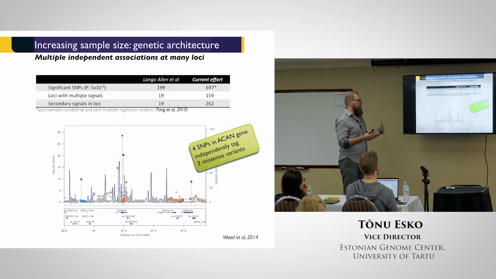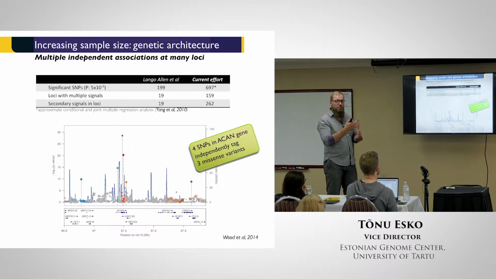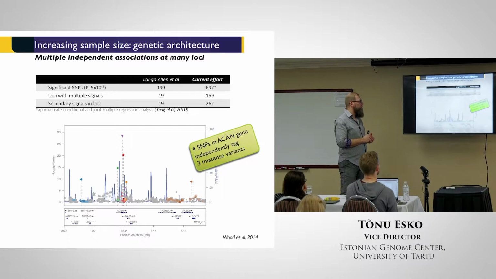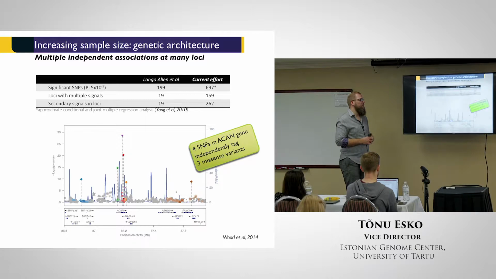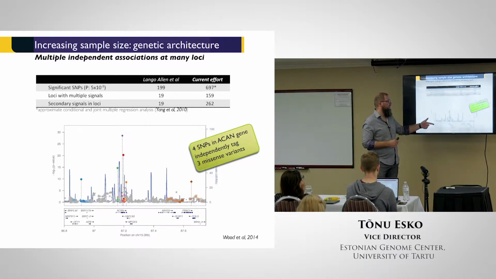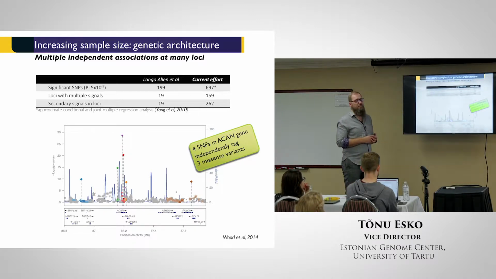We took into account the LD structure of different variants, selected the most significant variant from the region, put this SNP into the model, and repeated the association analysis, until there was nothing significant left in the data.